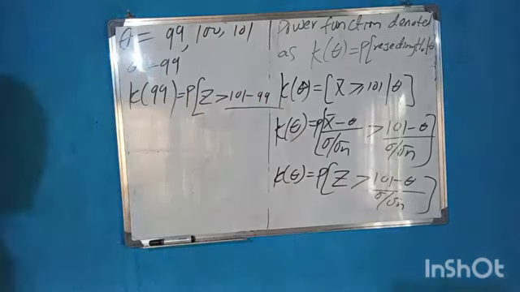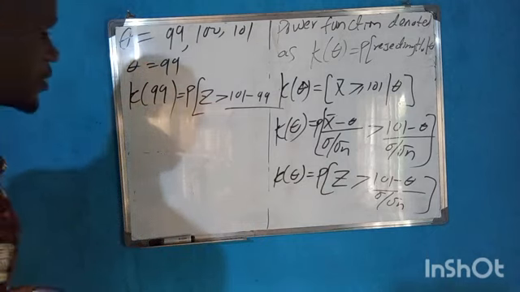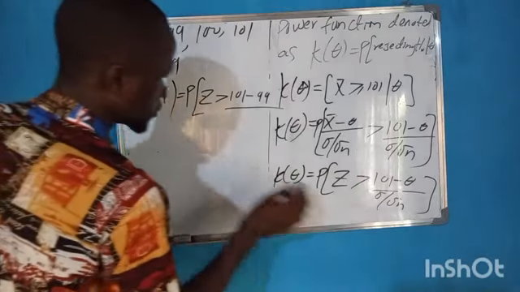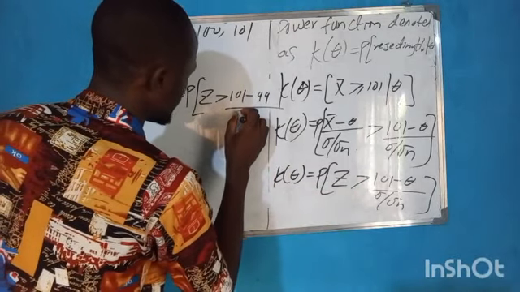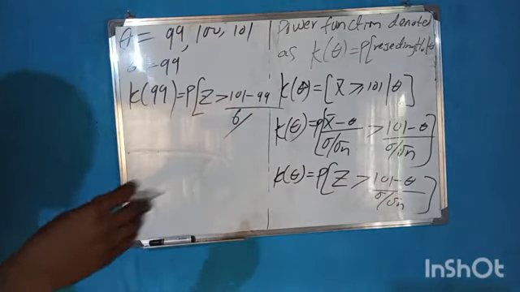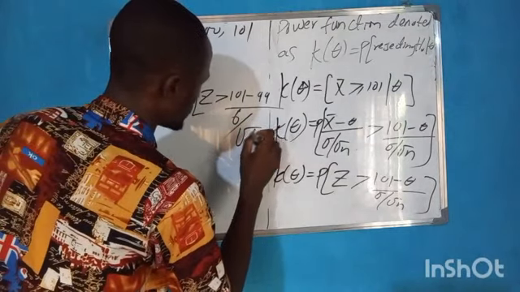In the question we have our variance to be 36, which implies that the standard deviation, the square root of the variance, is 6, all over the square root of n, which is 64.